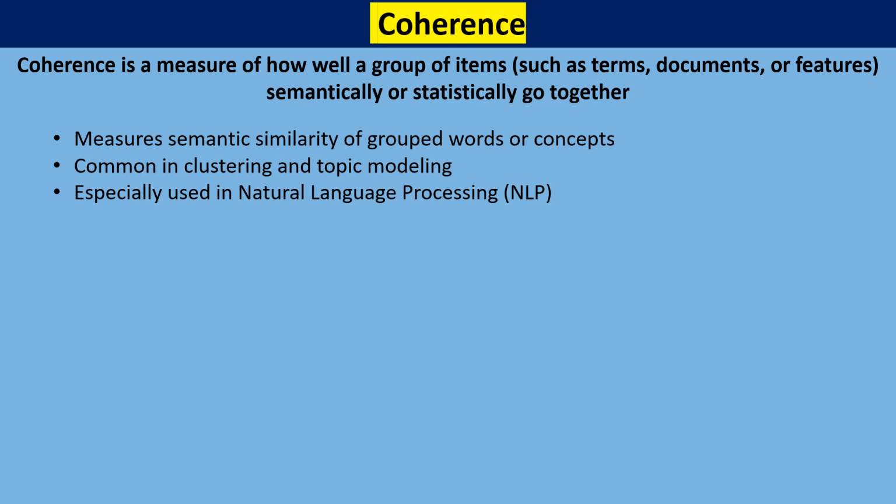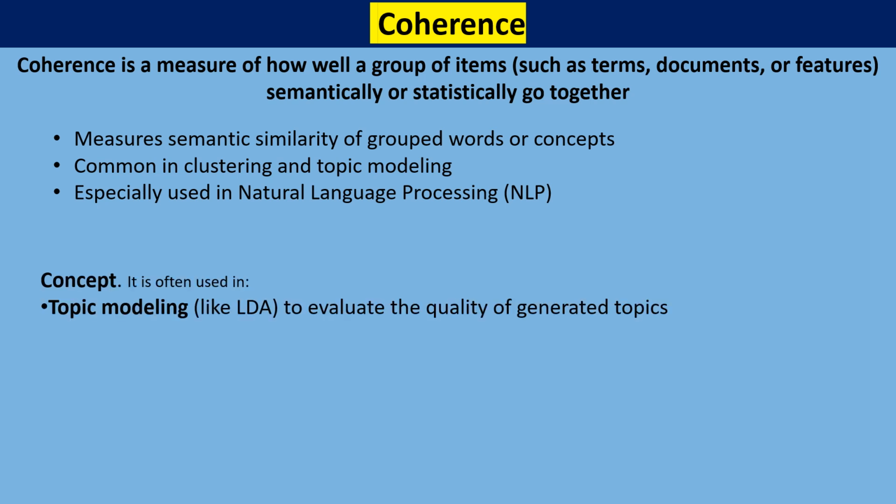While data science models group things based on numbers, coherence ensures that those groupings make real-world sense. This is especially important in NLP, where we deal with words and meanings. Think of coherence as the bridge between statistics and semantics. It helps ensure our models are not just mathematically correct but also meaningful and interpretable.